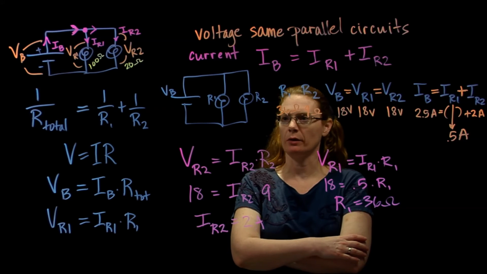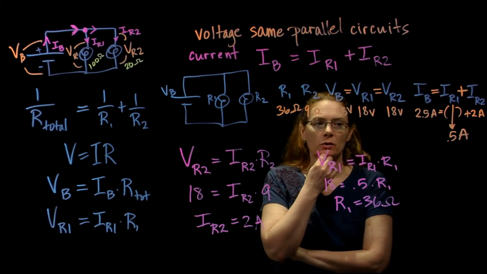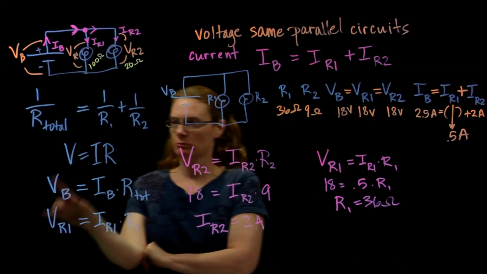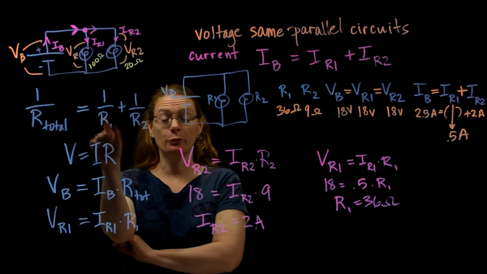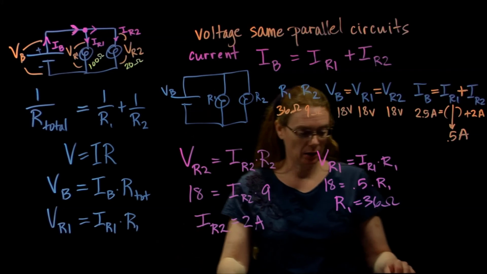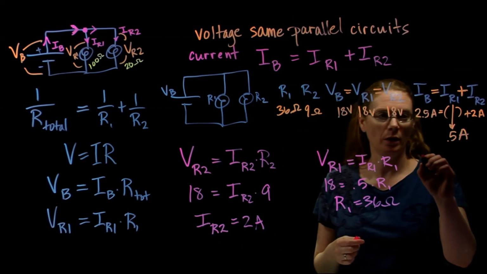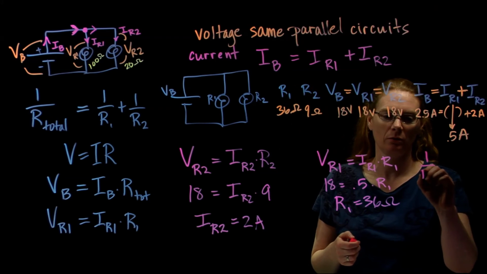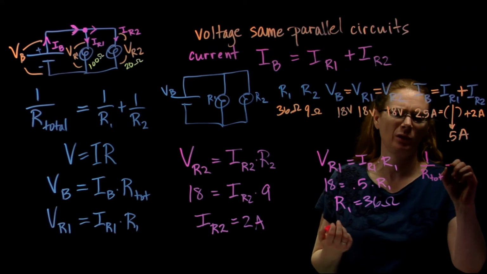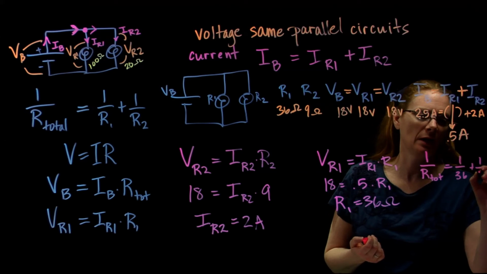Okay, so have I done it all? Well, I've answered everything. Now there is, again, a way you can double check. We didn't use this idea here. If you want to double check your math, you can use this idea and see if you get the same answer. So we should get 1 over our total. What's that going to do? Well, 1 over 36 plus 1 over 9.